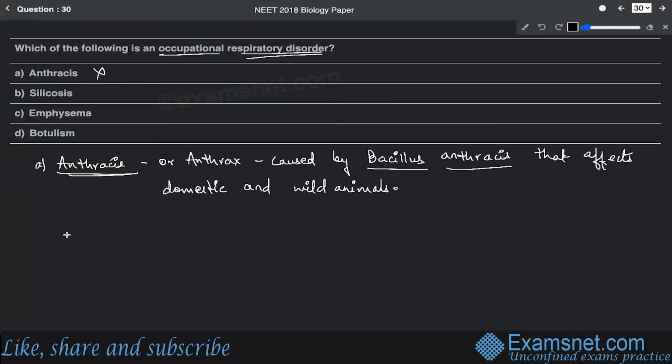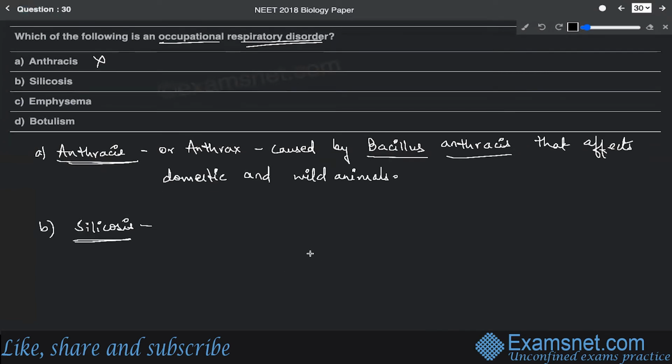Now option B, which is silicosis. This option can be found to be correct, because silicosis is caused because of excess inhalation of silica dust.